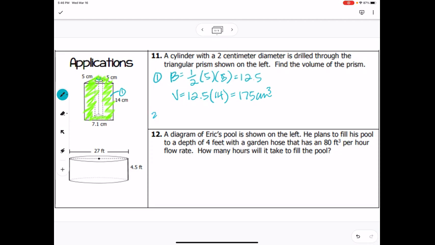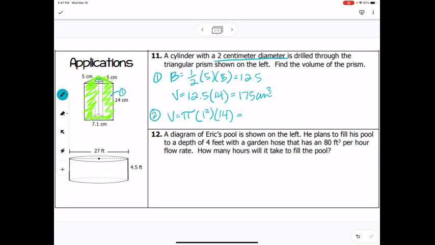All right, on to my part 2, my cylinder in the middle, which says it is a 2 centimeter diameter cylinder. So that would make radius equal to 1. So I'm going to take pi times 1 squared, and then times h. We have the same h here, 14.